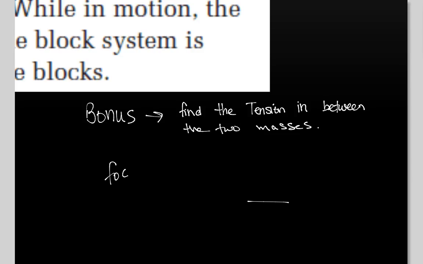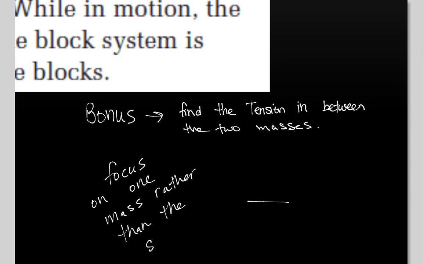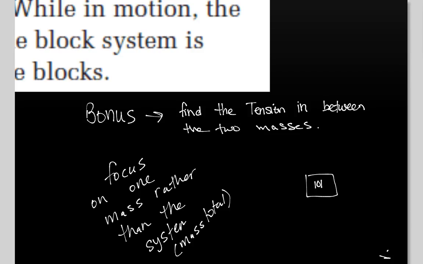So essentially what I'm saying is focus on one mass rather than the system, rather than mass total. So here, let's just focus on the 10 kilogram mass. What forces are acting on the 10 kilogram mass?